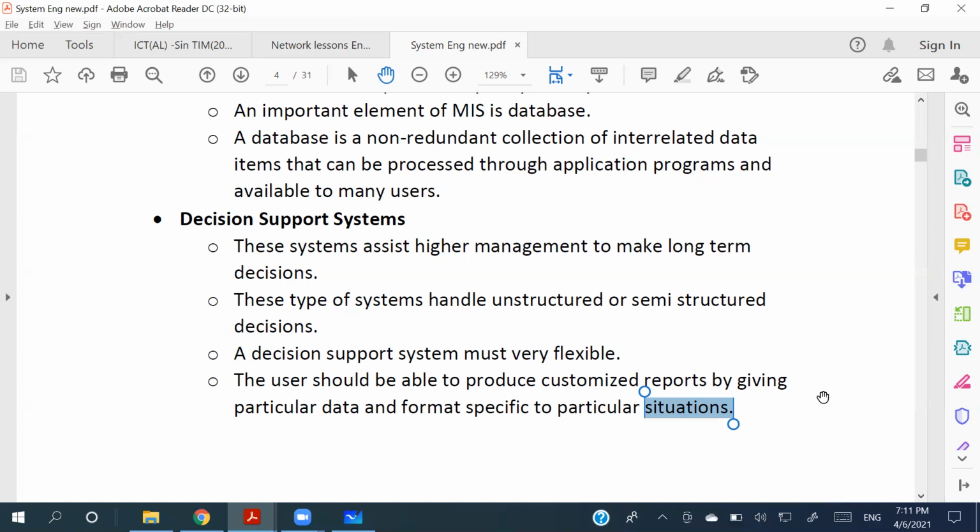When we feed data to a decision support system regarding this incident, the decision support system is not giving the final result whether to fire or keep that particular employee, right? It will just give suggestions. These are the performances, this is the way he has done, this is the highest performance, this is the lowest performance. Likewise, it will give a very good comparison upon the request of the higher management. Then regarding that report, they can take a good decision regarding that particular employee. So that is what we call a decision support system.